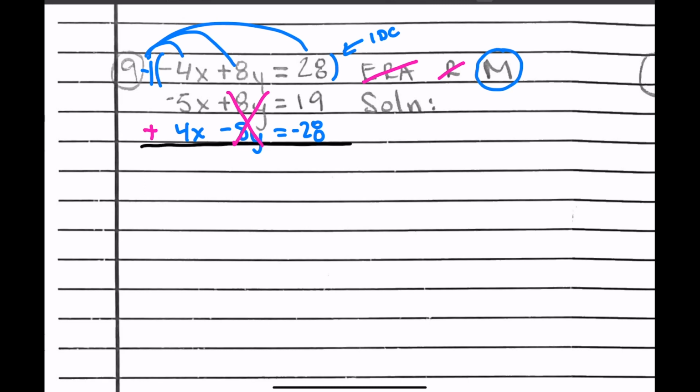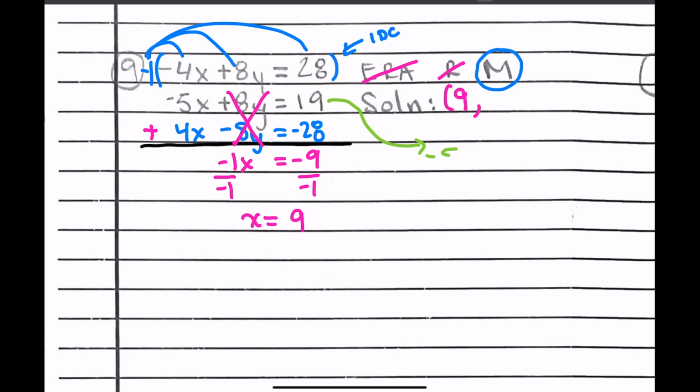So -5x plus 4x is a -1x equals 19 plus a negative 28, I'm sorry, which is a negative 9. Now I can divide that negative 1 away so that we get x is equal to 9. So in my solution here, that's my first answer. Now I'm going to pick one of the originals that you see my original handwriting in, that's in gray, and I'm going to choose, really it doesn't matter, this second one.